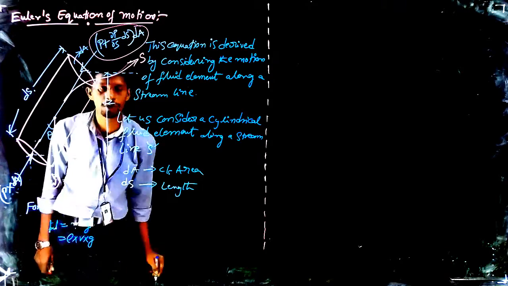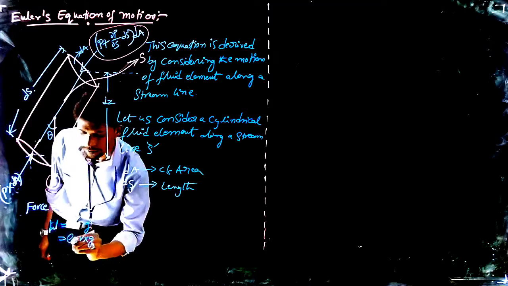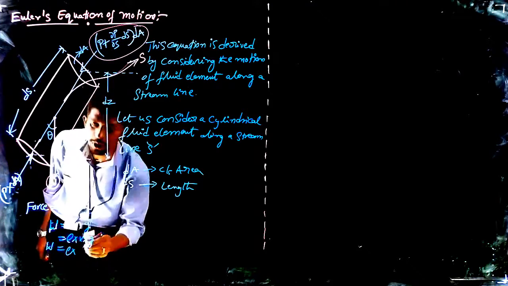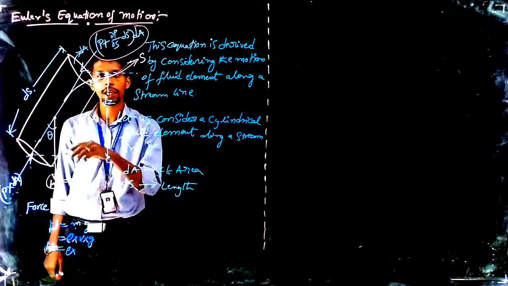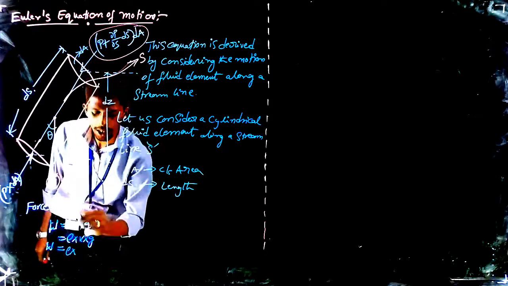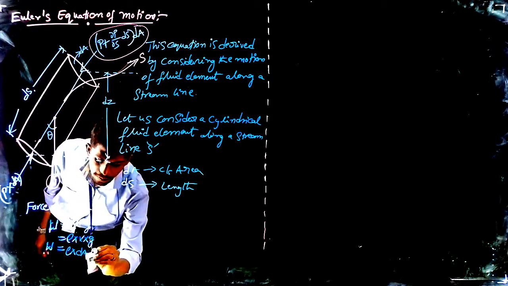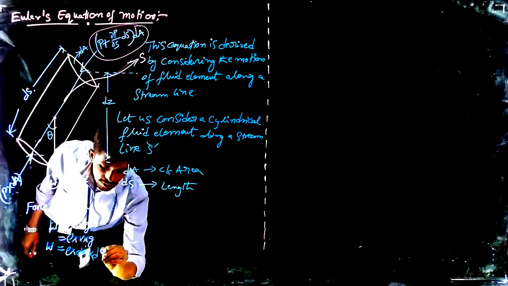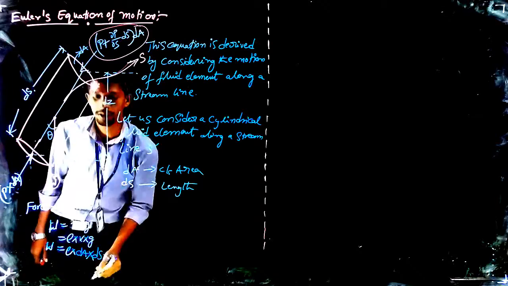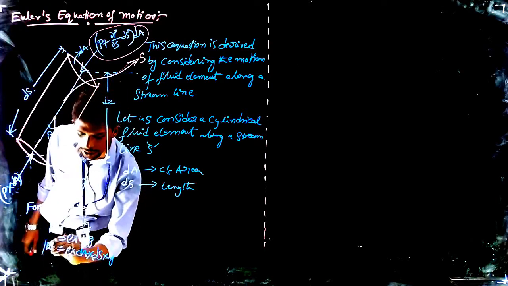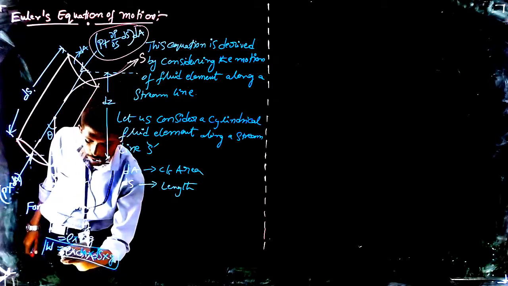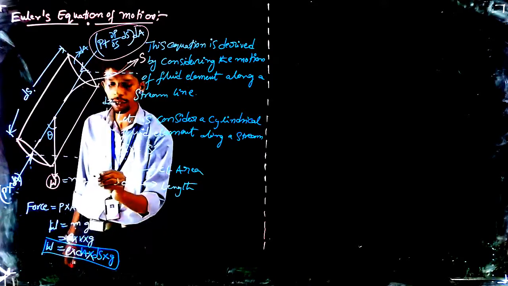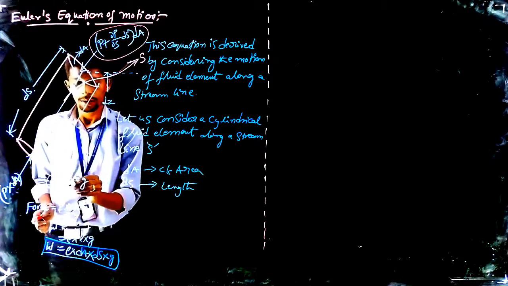So here W is equal to rho into, what about volume? Area into length, right? Here area is dA and the length of the fluid element is ds. Okay, into g. So this is the expression of weight. Okay, rho g into dA into ds, right?